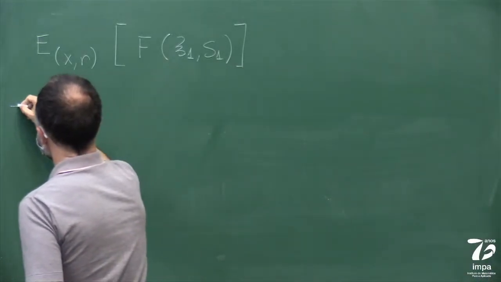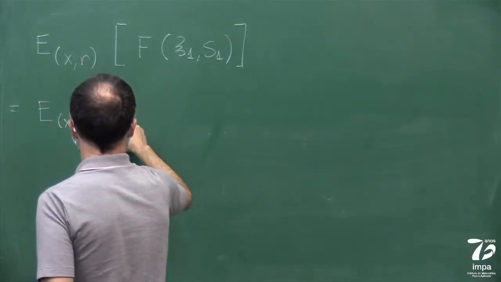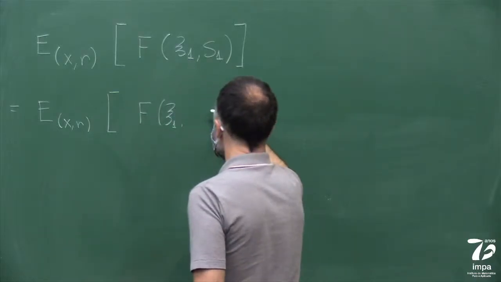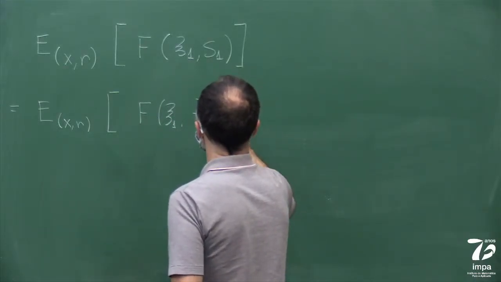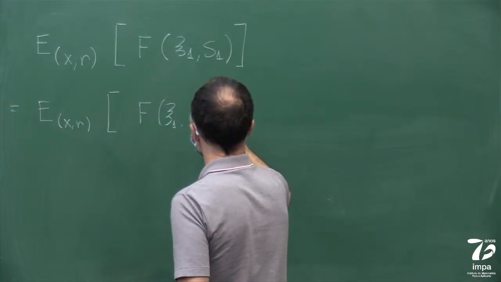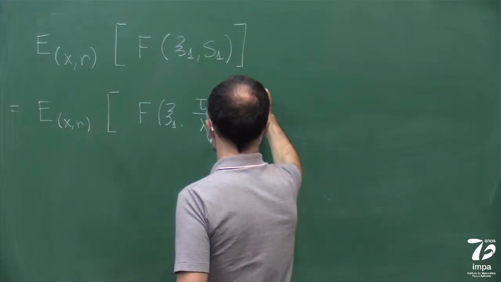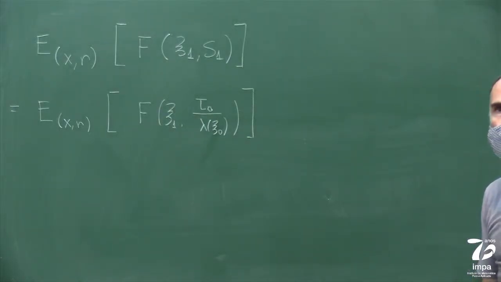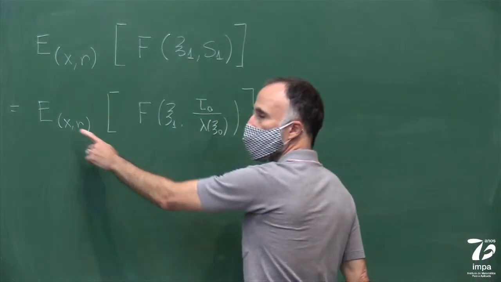Well, by definition, this is f of psi 1, and S1 is tau 0 divided by lambda of psi 0. Okay? So psi 0 is x.